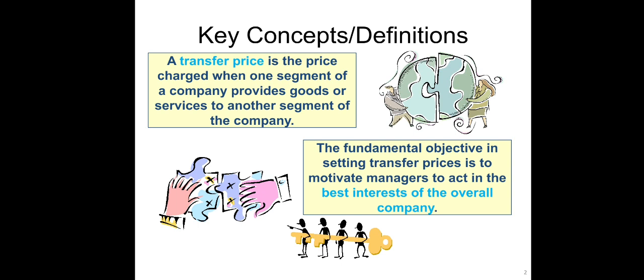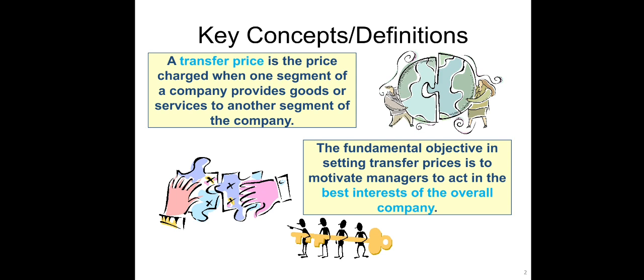So transfer price is something like this. Transfer price is when a segment of a business sells its product or service to another segment within that business. If we use the Panasonic example, under the air condition segment of Panasonic, there is one segment for air condition and another segment for air condition compressor.